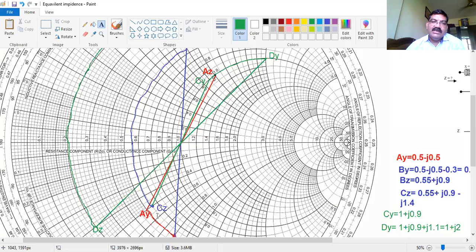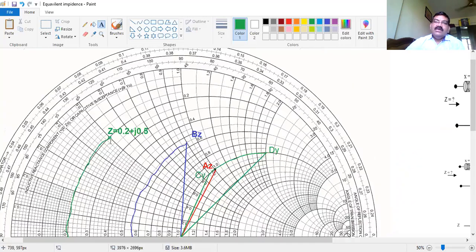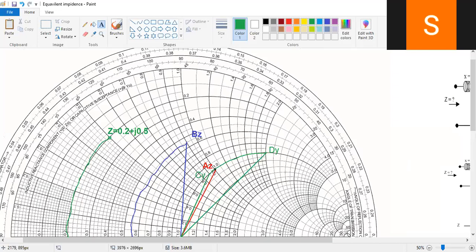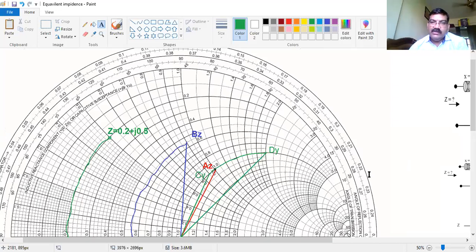So CZ converted to CY. Then we got DY. DY we converted to DZ. Then we finally got Z. So this way the things are done. This is nothing but simple calculation. So this way we can do the equivalent impedance calculation on the Smith chart. If there is any question, let me know. Okay, I hope there is no question.